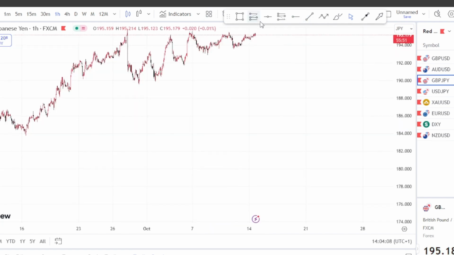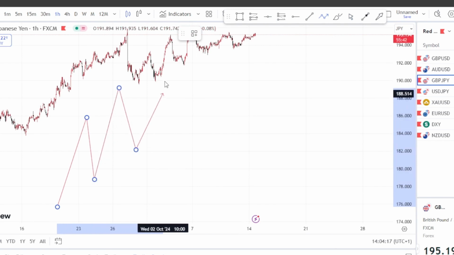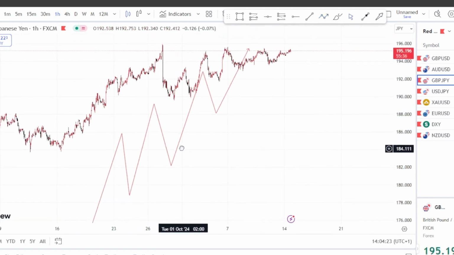Another thing is that market moves in a range. If we're having an impulsive move, let's assume we are trading upward.